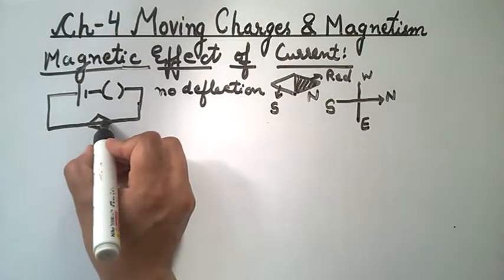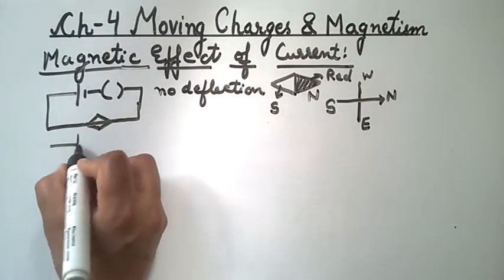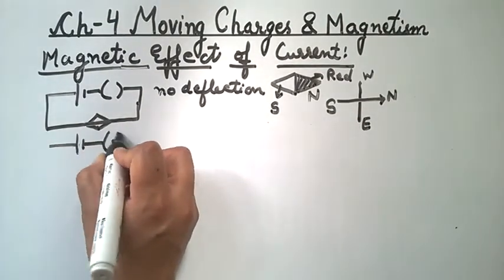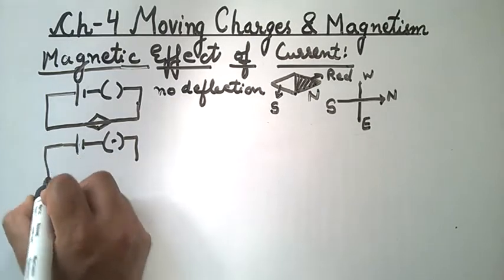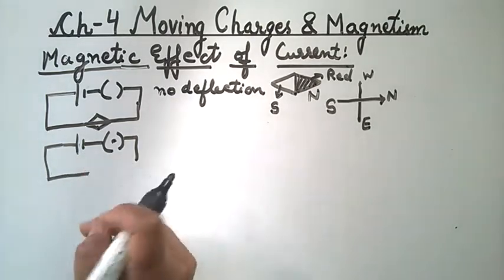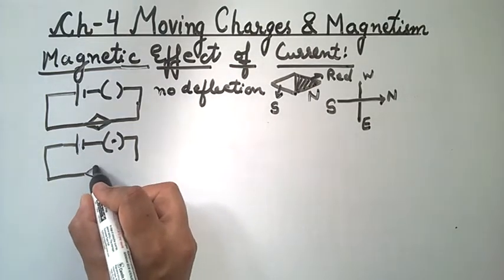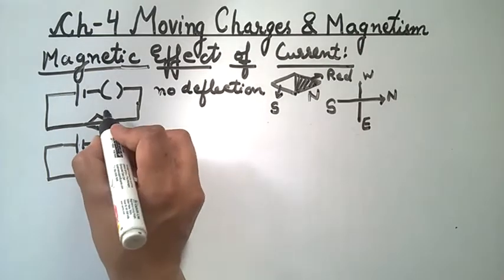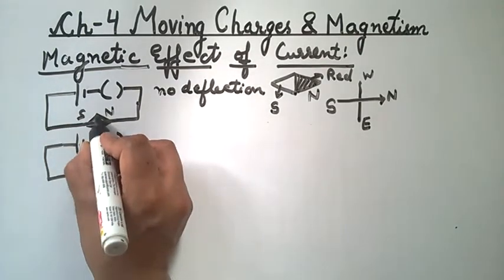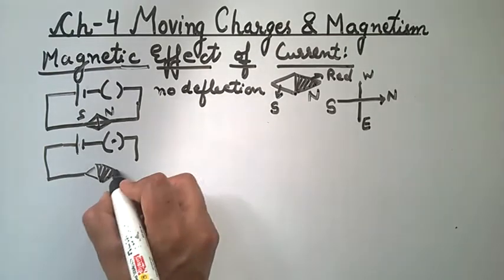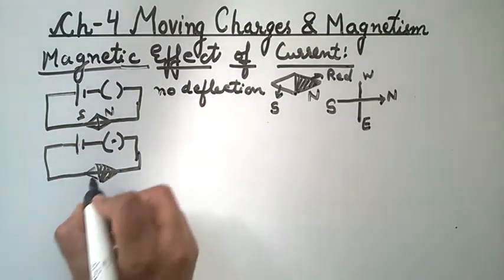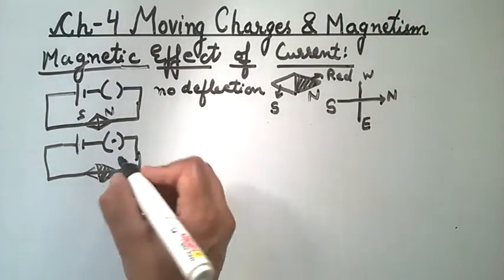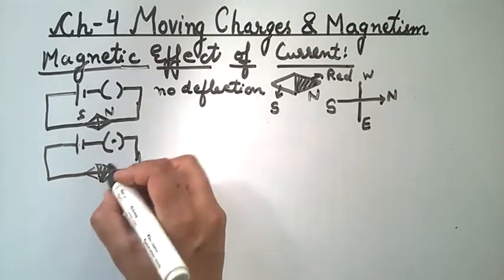and when the current will flow, that is, the key is on, then current will flow and the needle will deflect towards west direction when it is placed below the wire.